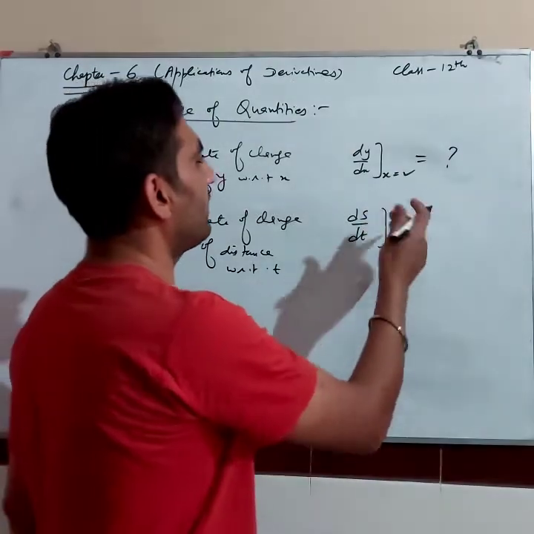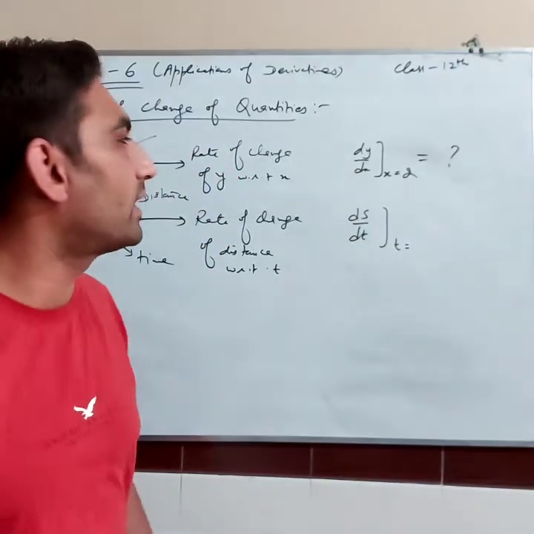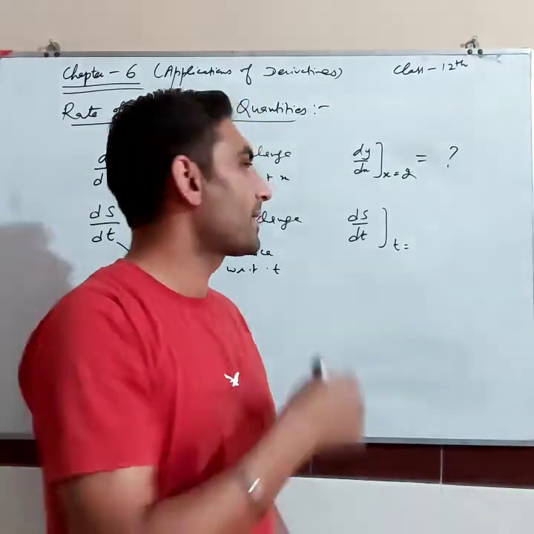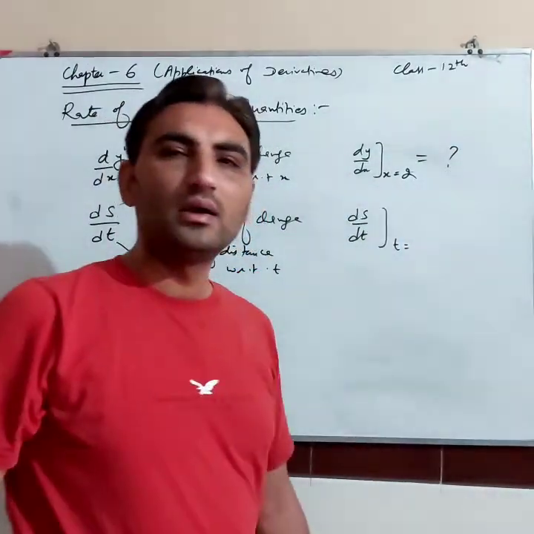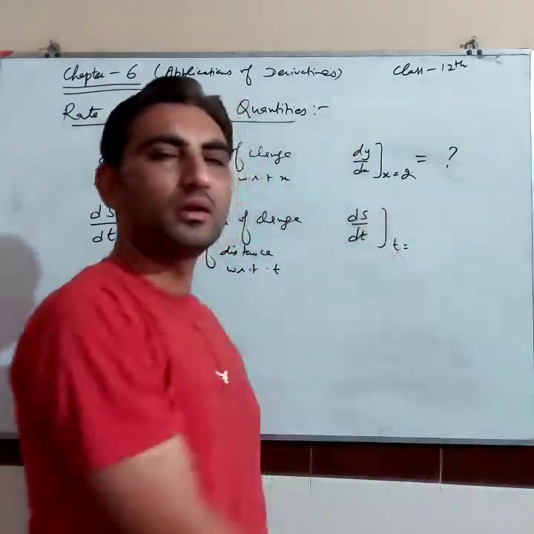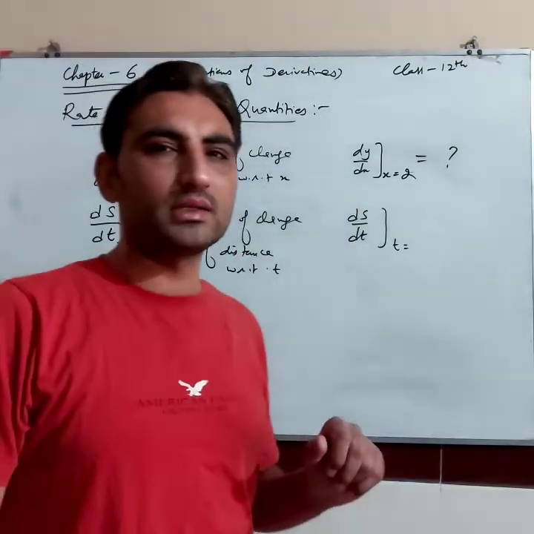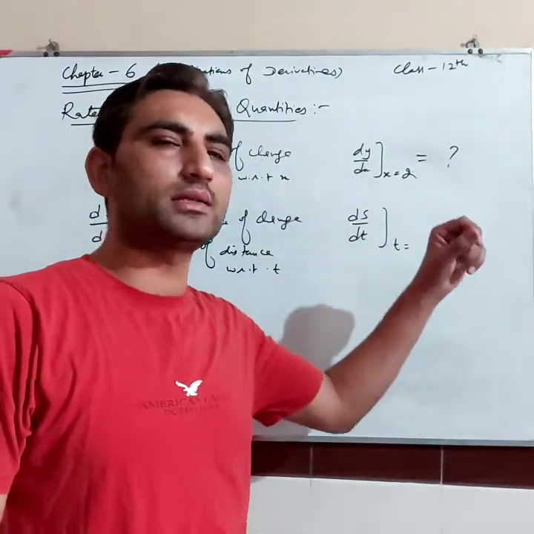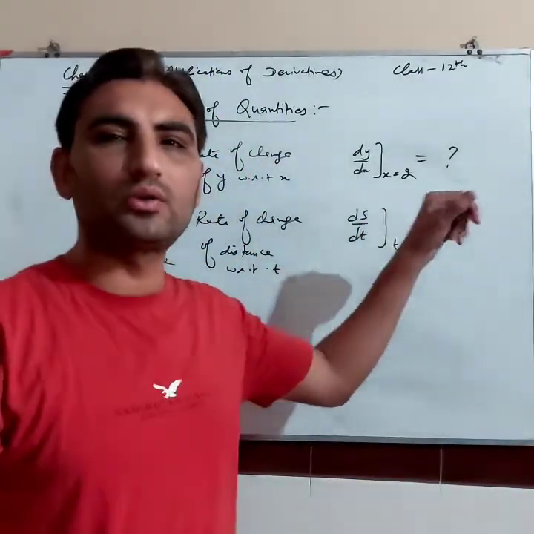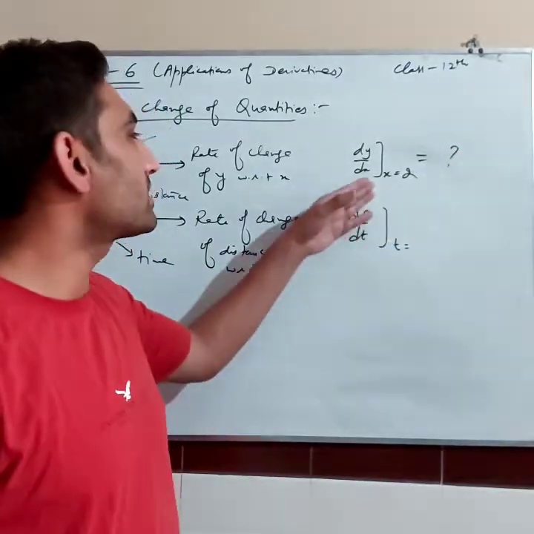For example, if x equals 2, you want to find rate of change of y with respect to x at x equal to 2. First of all, you have to solve dy over dx, then in that answer replace x by 2. Then you will get exactly the answer which is required in this case.